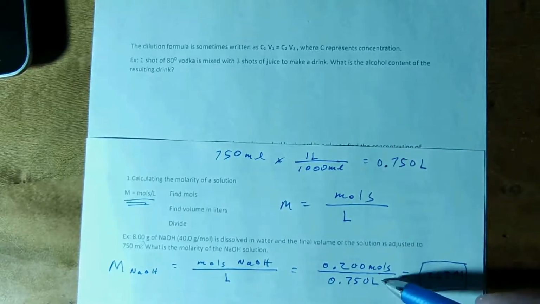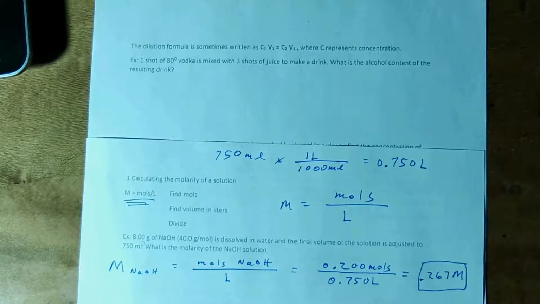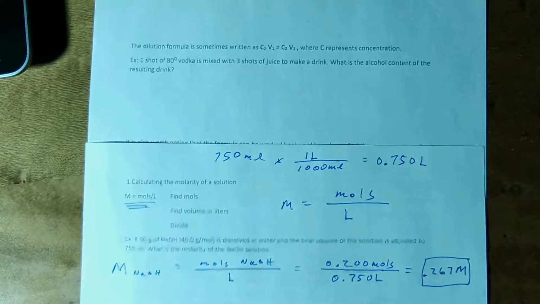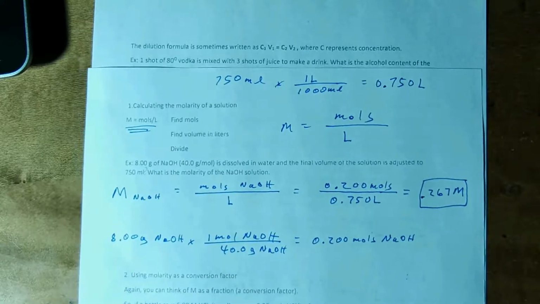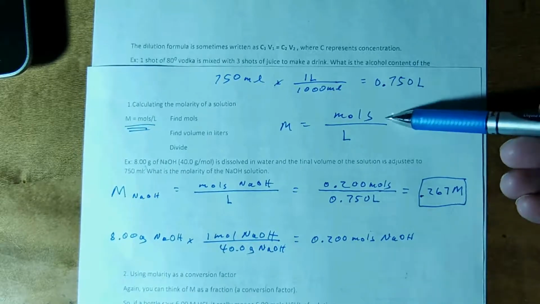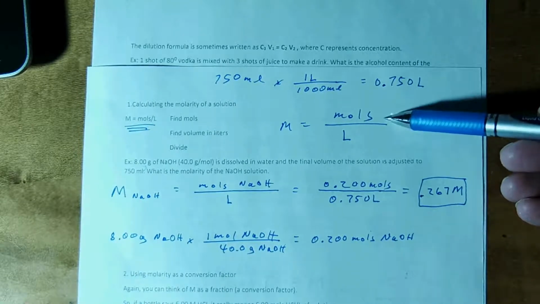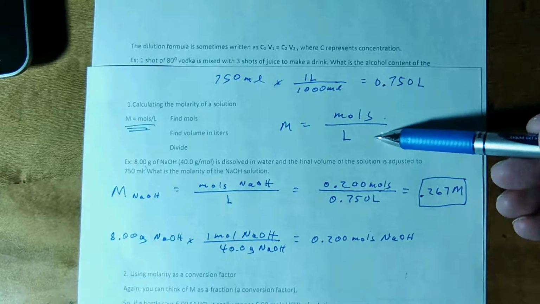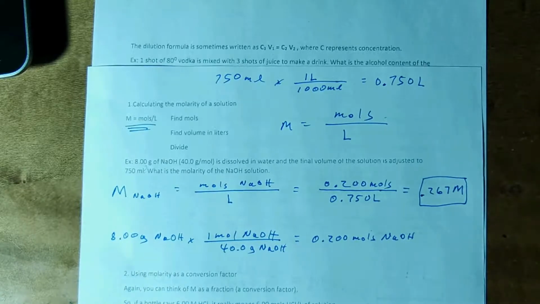So that's where we got that guy from. Okay, so if they say find the molarity, it means you got to find moles, you've got to find liters, divide one by the other, you've got your molarity.